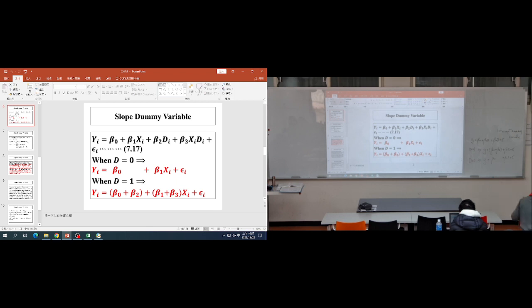Okay, James, from his question: can we do the omitted variables with the dummy variable? Omitted variable with the dummy variable? Sure. Since this is one of the variables, no matter whether it's a numerical variable or a dummy variable, it works.